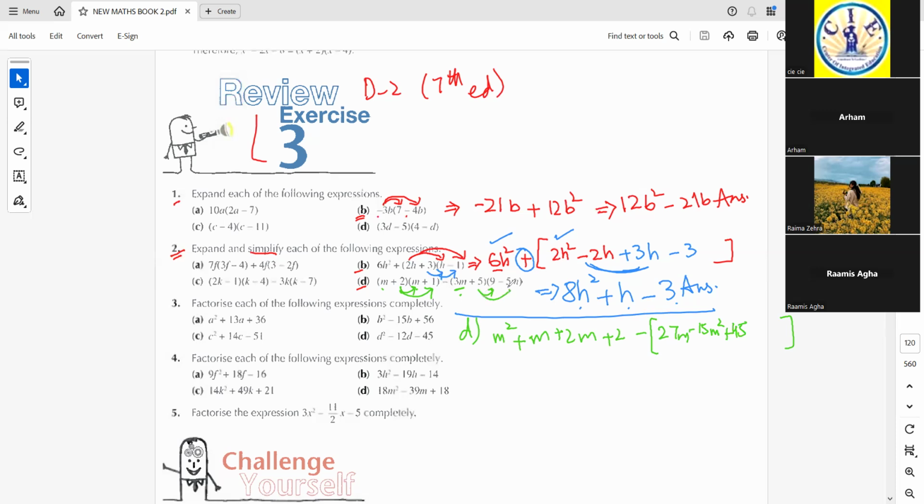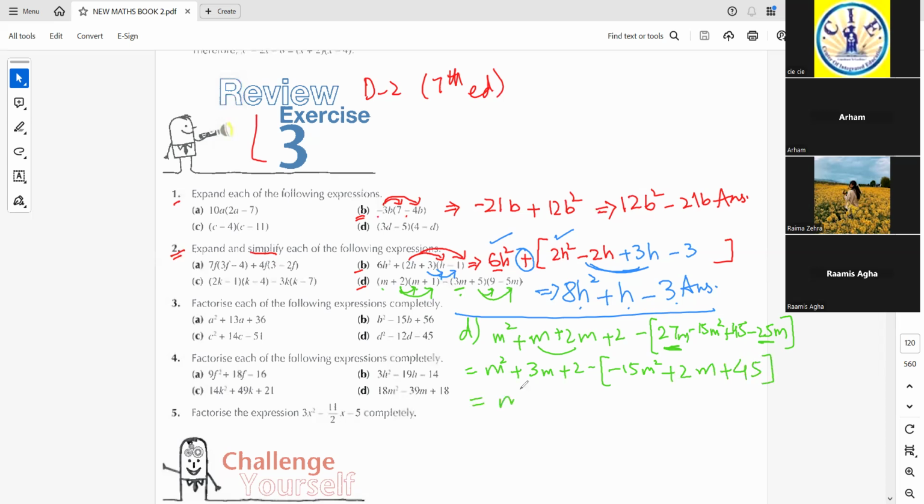And then 5 times negative 5m, that is negative 25m. Now we can simplify them to have 3m plus 2 minus, I'm writing this negative 15m square first, and then 27m minus 25m. That would be positive 2m and then plus 45.